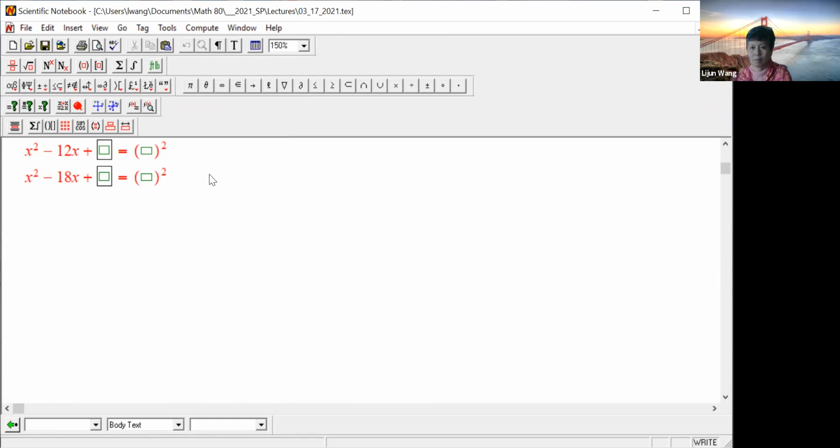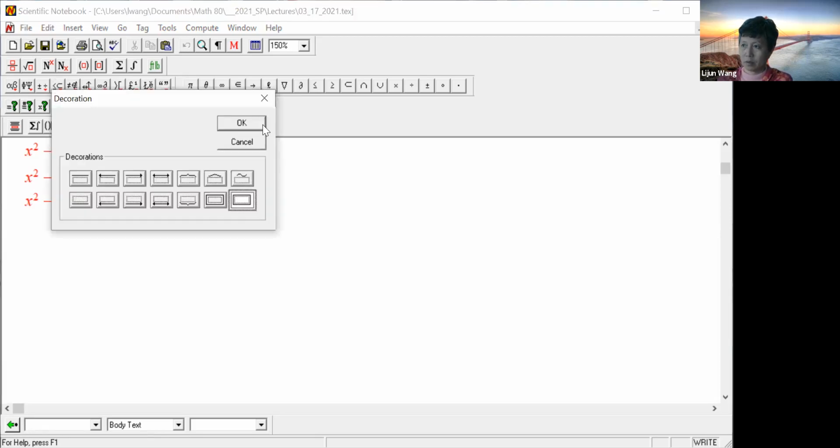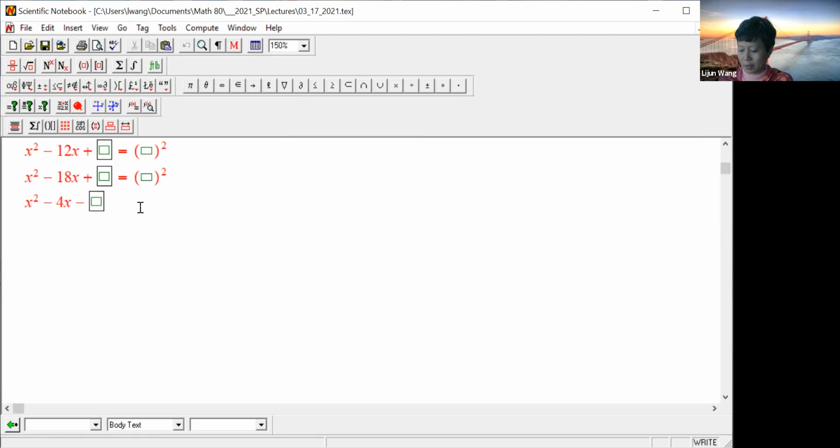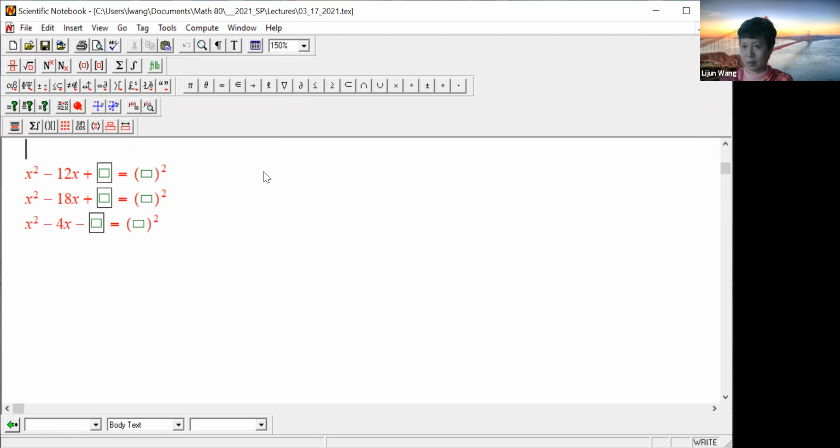Okay. And the other pattern, I'm going to give you two more. Minus 4x minus what number to make what perfect square? Okay, so make a perfect square if possible.